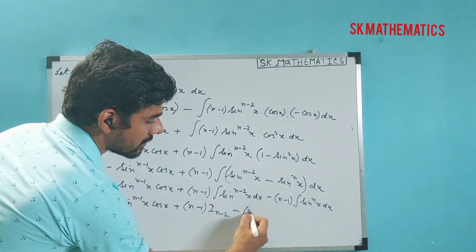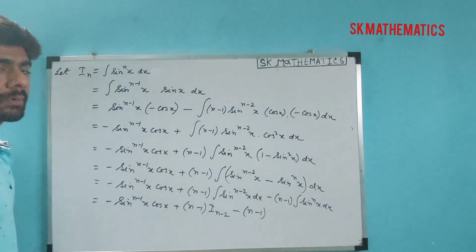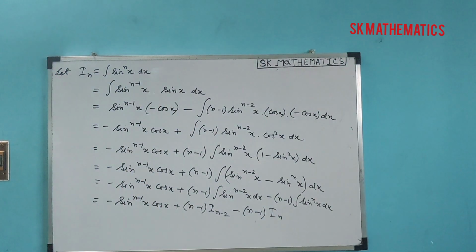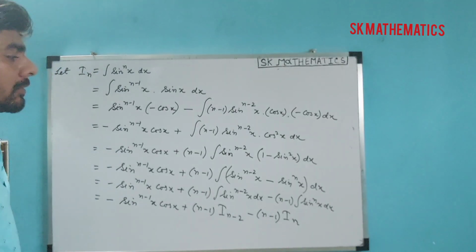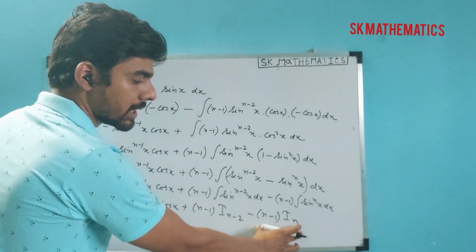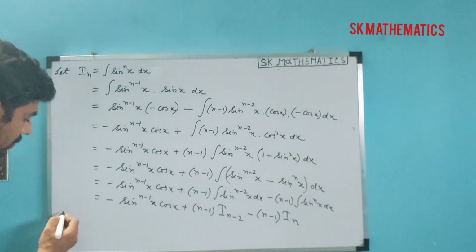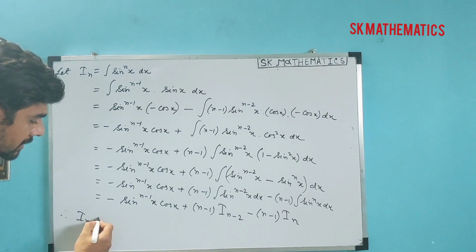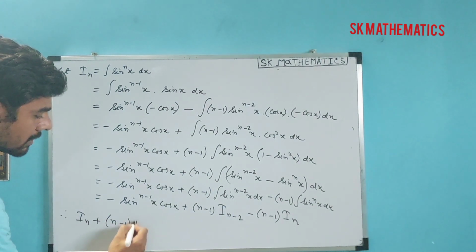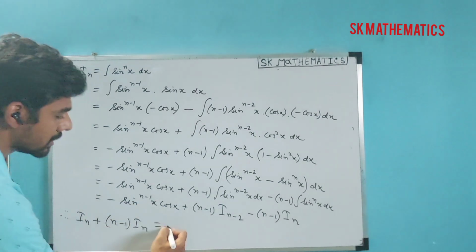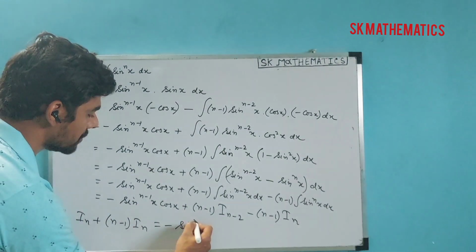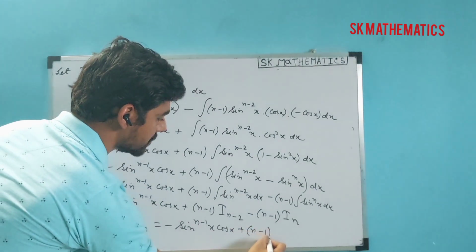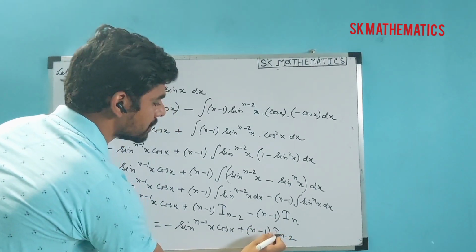Now (n-1) into the integration of sin^n x is the same as I_n, so we will write it I_n. For the next part we shift minus (n-1) I_n to the left side, so we will get I_n already there. Now this part plus (n-1) into I_n is equal to the rest on the right side: minus sin^(n-1) x cos x plus (n-1) into I_(n-2).